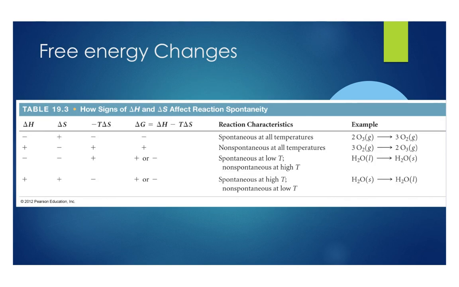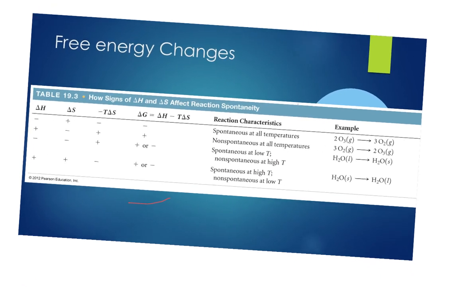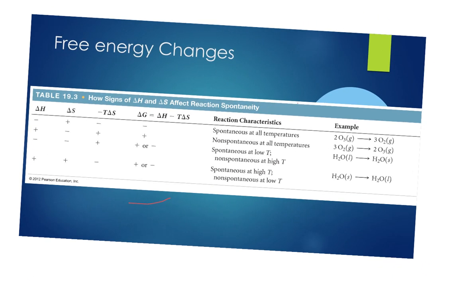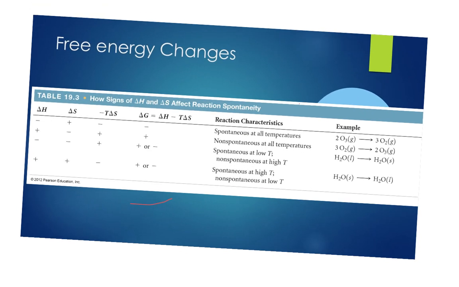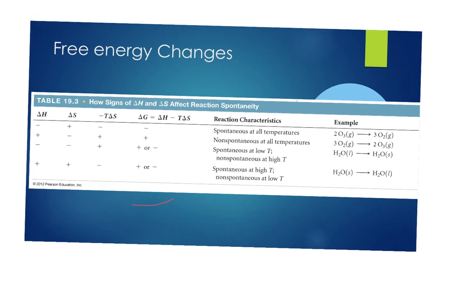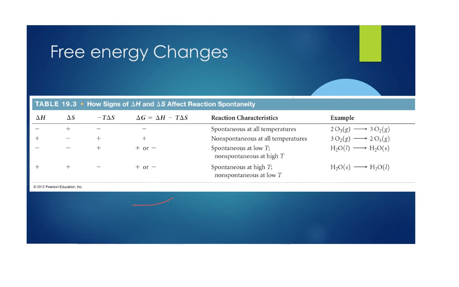This idea is summarized in this table that we've got. For the table, free energy changes, you can see the different aspects of entropy, enthalpy, as well as the T delta S term, and what then happens to delta G. So again, if delta H is negative and delta S is positive, that is going to be thermodynamically favorable at all temperatures.